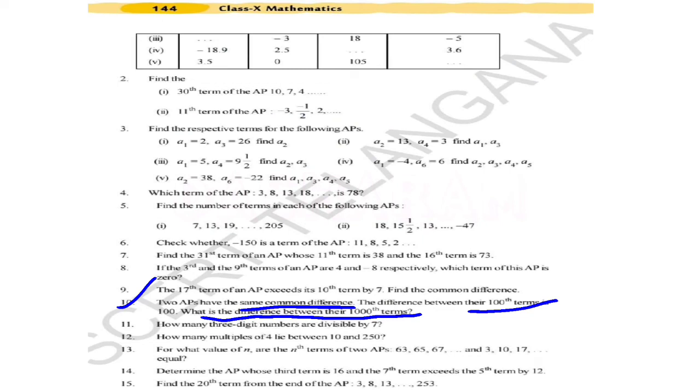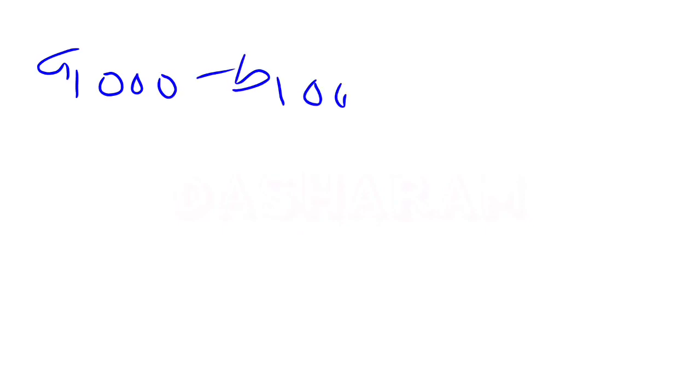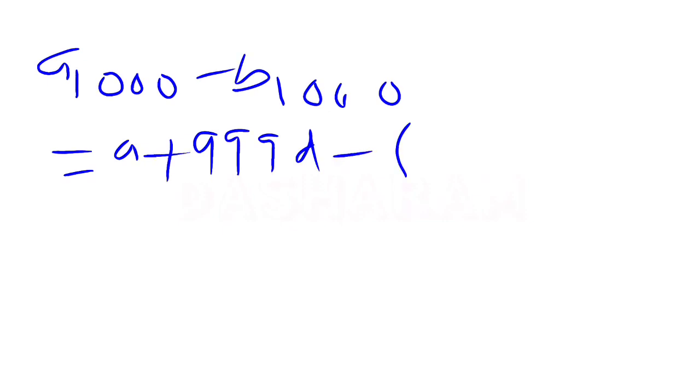Okay, so now let's find the difference between the 1000th terms. That means A1000 minus B1000. So it equals, A1000 means a plus 999d, minus, take the bracket, b plus 999d.